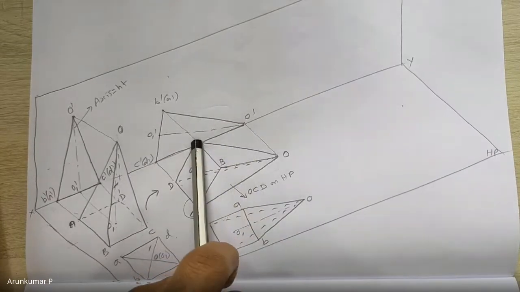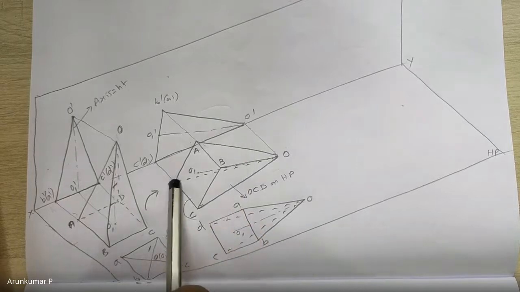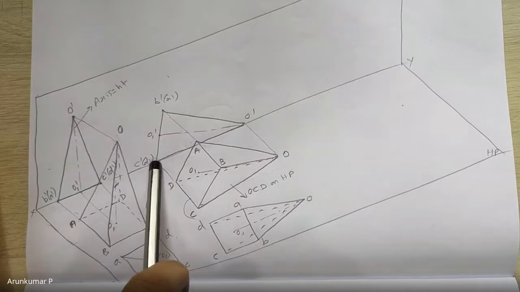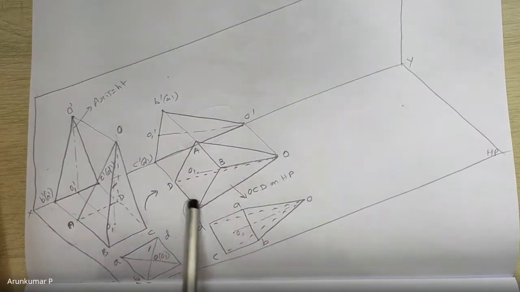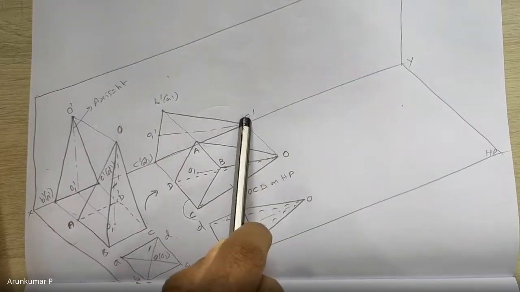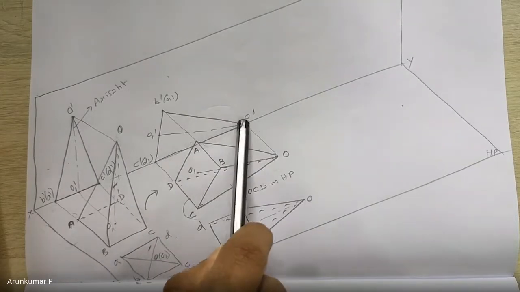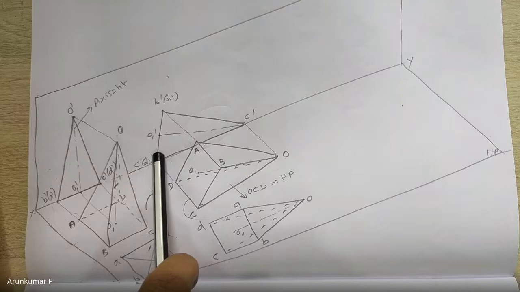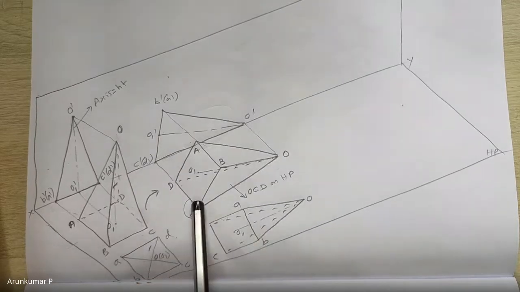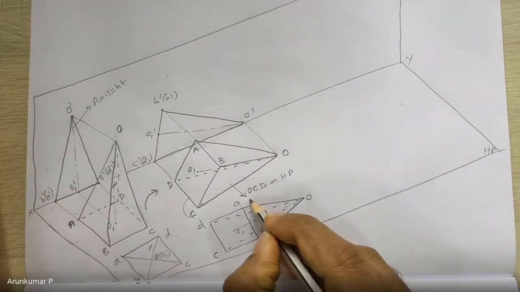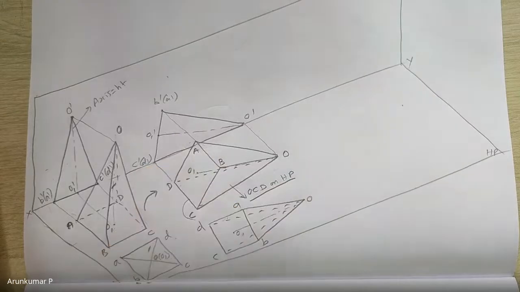So this implies that OCD is nothing but your O dash, C dash, D dash. So this triangular face OCD is represented by the line O dash, C dash, D dash. If this line is on XY line, it very clearly means that the triangular face OCD is on HP. So this is how the front view will look like.